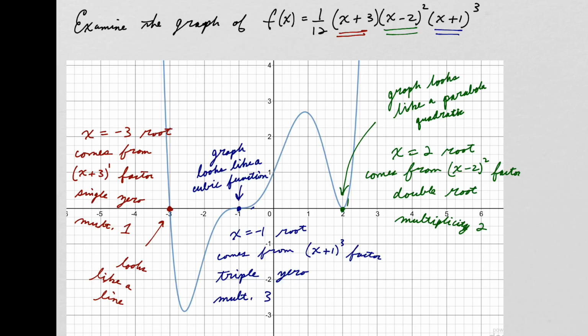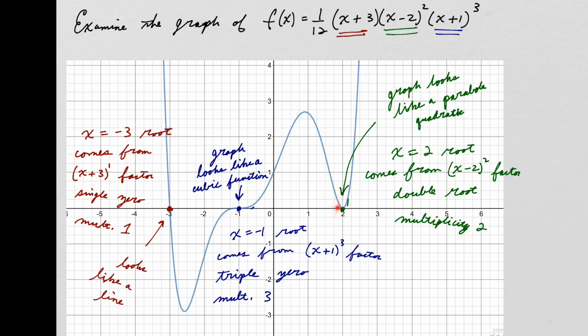And that will always be the case. It could come from below and touch it, or it could come, in this case, from above and touch it. So a single root, in this case coming from the x plus 3 factor, graphically is going to look like a line that passes through. A double root, coming from the x minus 2 squared factor, is going to look like a parabola or a quadratic, just touches and bounces off.